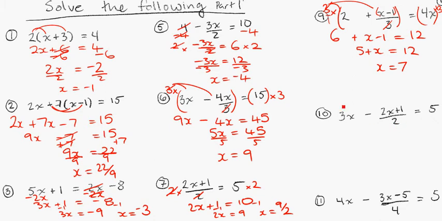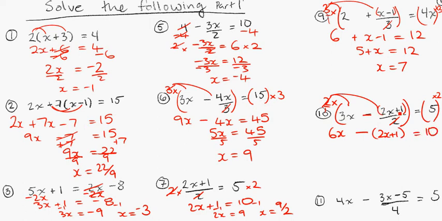Right, same thing here. I'm just going to multiply by 2, so I can eliminate that denominator. 2 times 3x is 6x, and there's the minus in there, when I do 2 times this fraction, or 2 over 1, those 2's will cancel, and I'll get left with 2x plus 1. Now it's quite important to keep this one in brackets because of that negative out in front.